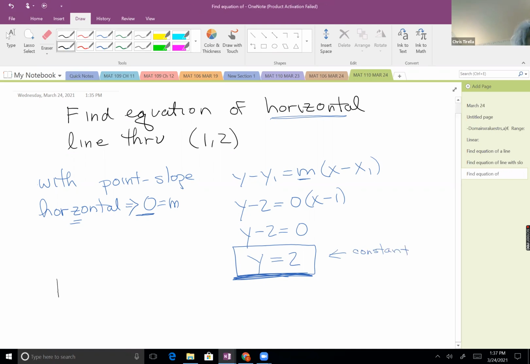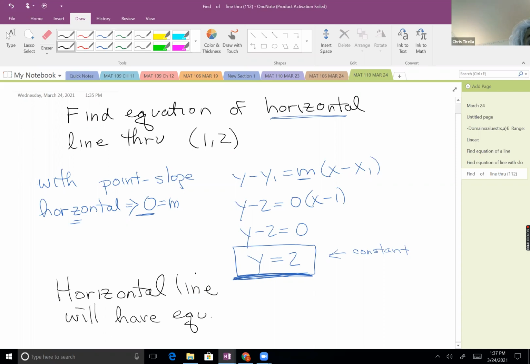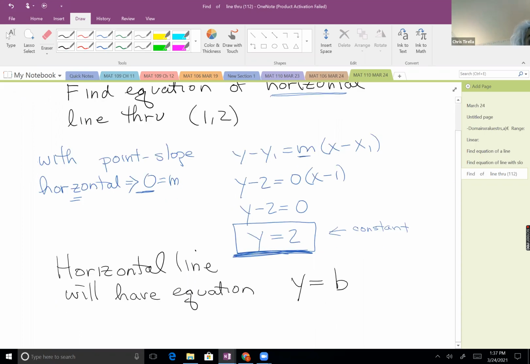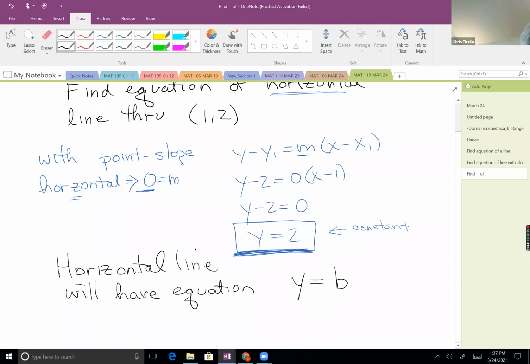And so a horizontal line will always have an equation y equals some number b, where b is the y value of any point on the line.